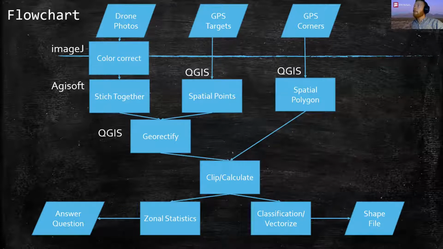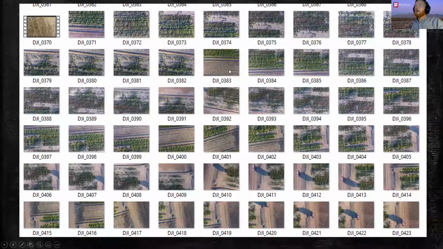So step one, we'll start just getting our data into a computer system. So we'll start just with the drone photos and then the GPS stuff. So we take the SD card out of the drone, or it can download to your phone, or you can plug your drone directly into your computer. It navigates just like any camera.